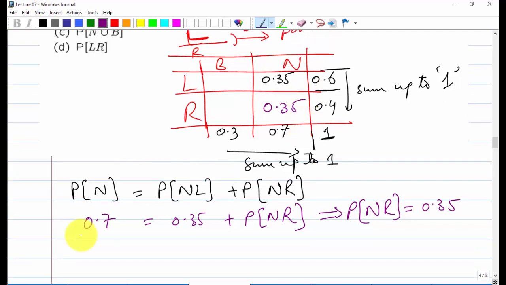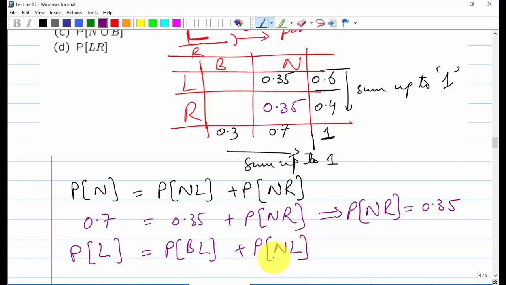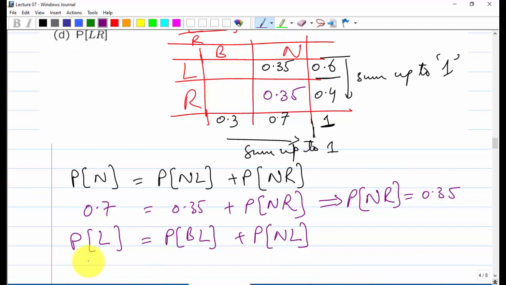Similarly, probability of staying more than 3 minutes will be probability of BL plus probability of NL. So again we have this value 0.6, and probability of this is unknown, plus probability of not buying and staying long is 0.35.